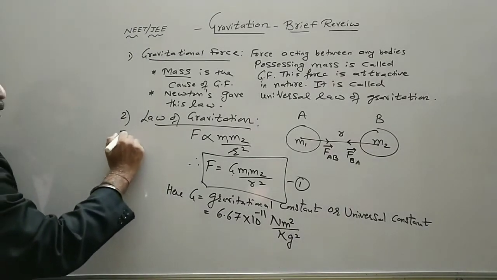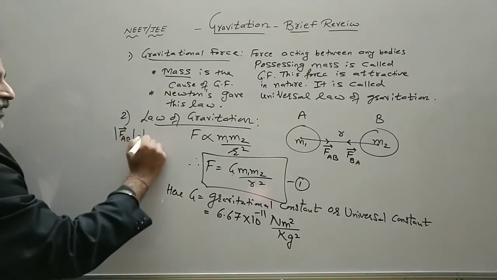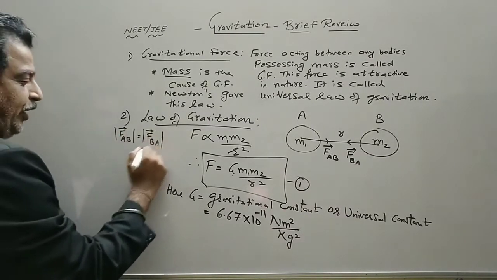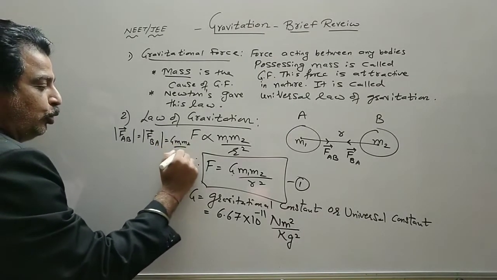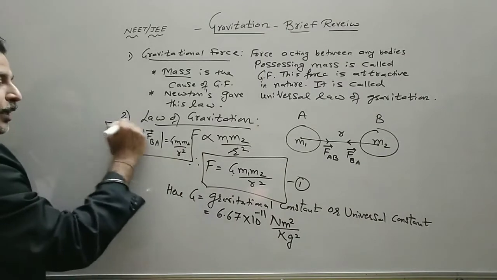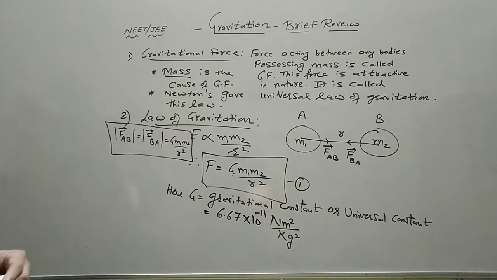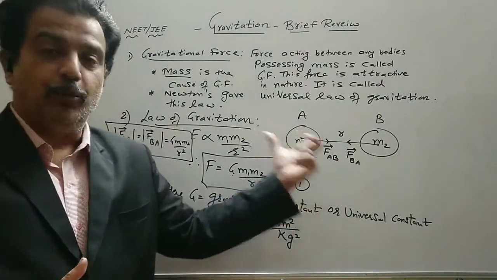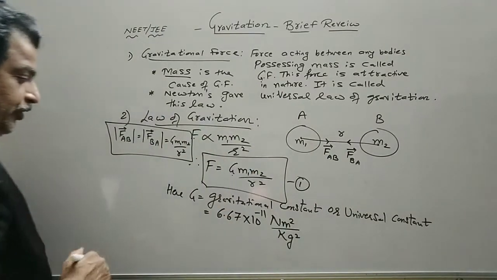So the magnitude of the force is equal and its value is equal to G m1 m2 upon r square. So as far as magnitude is concerned, the forces between the two bodies are equal in magnitude and opposite in direction. So this is the law of gravitation.